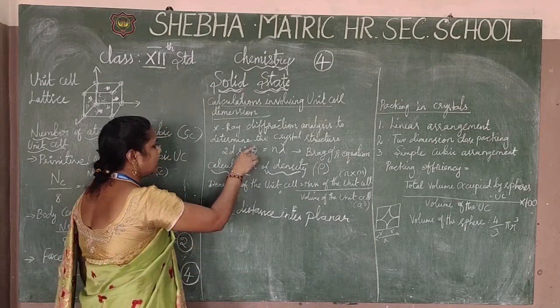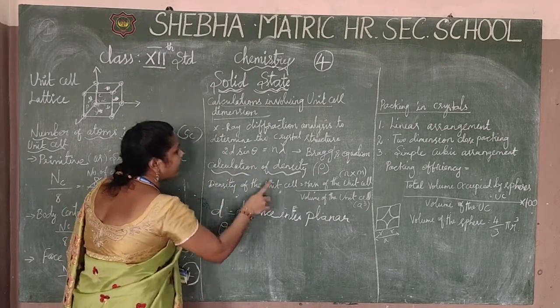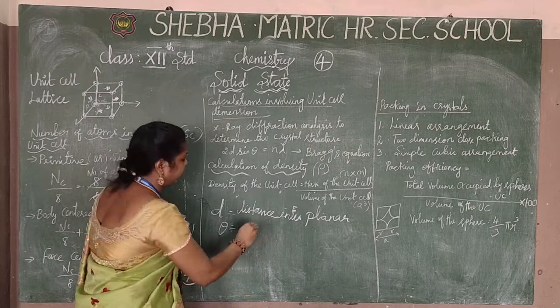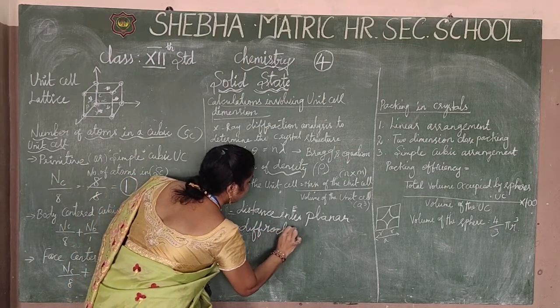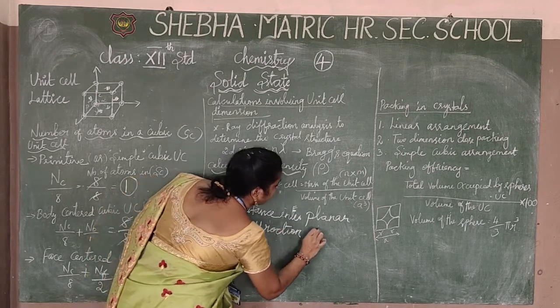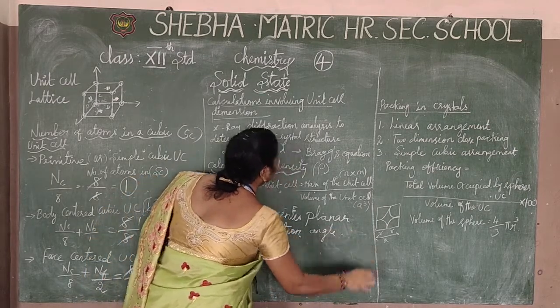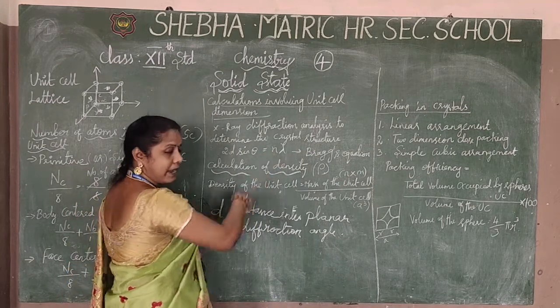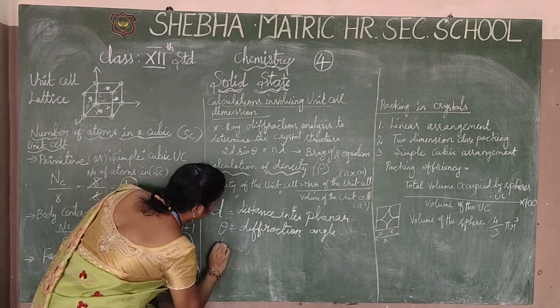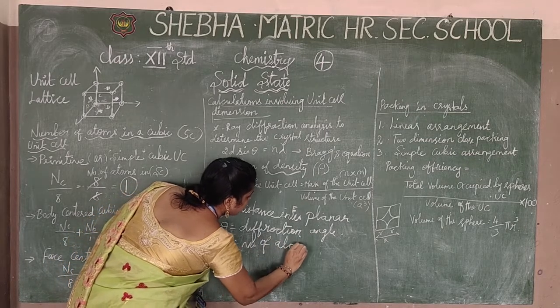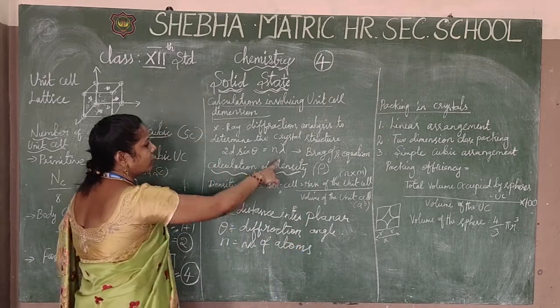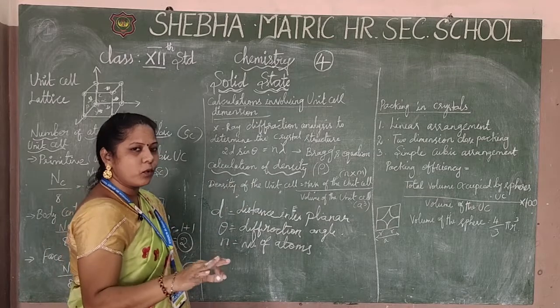Got it? Then theta is the diffraction angle. Then n is the number of atoms. And then lambda is the wavelength. You know very well about that.